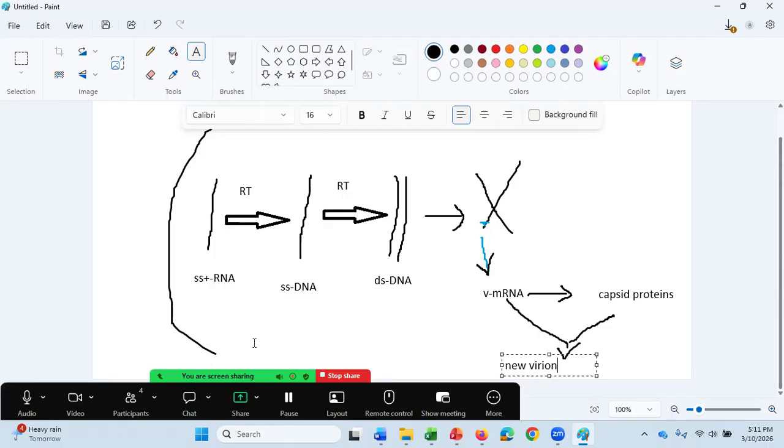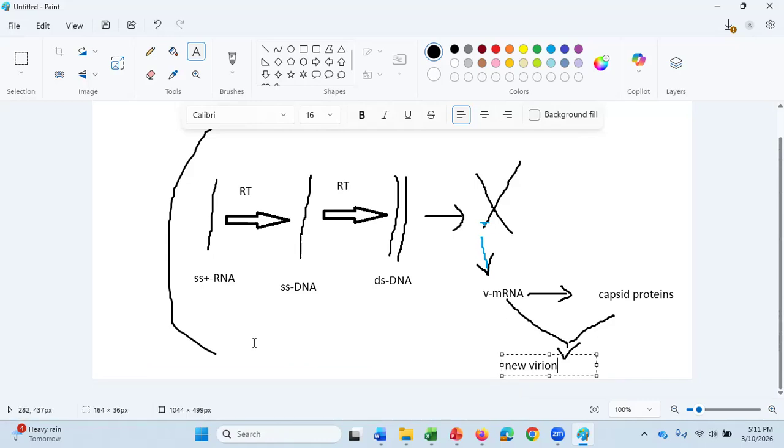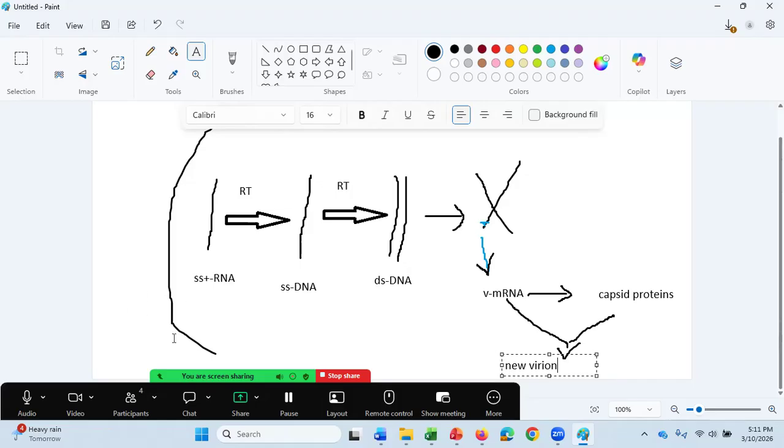It could bud out of the cell membrane, probably most do. It could bud out of the nuclear membrane, or it could bud out of the membrane of the endoplasmic reticulum. Any question about any of that? In which case, we'll have a new virus, which can then infect another animal cell.